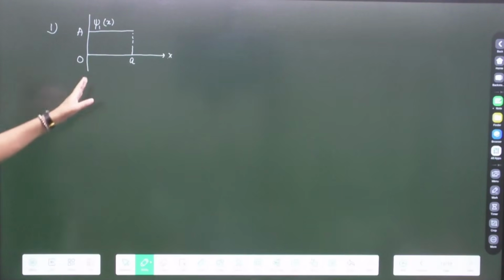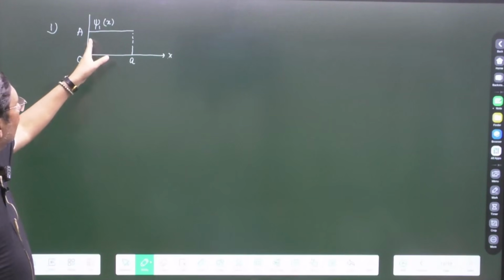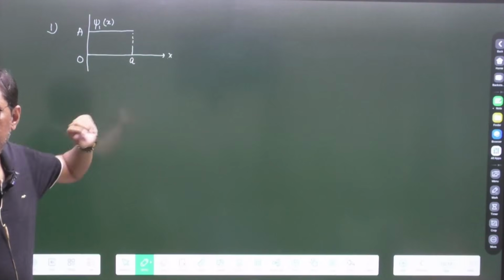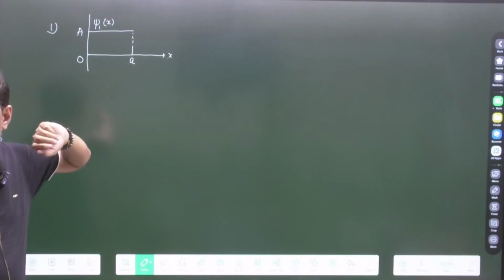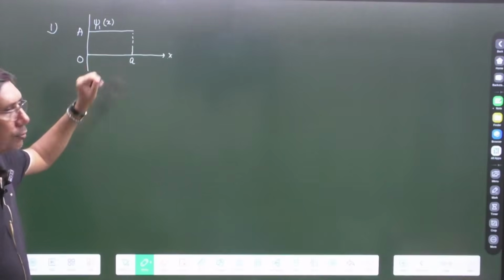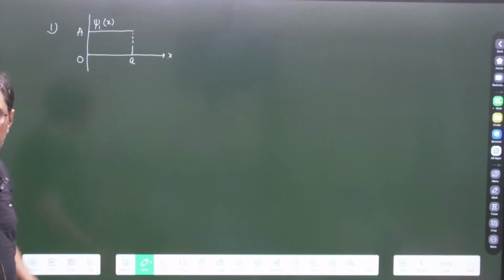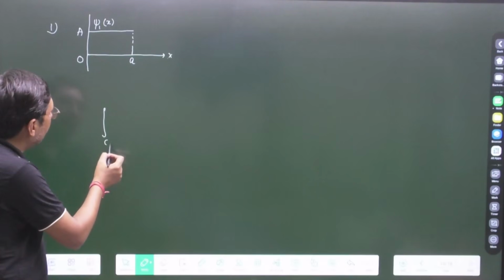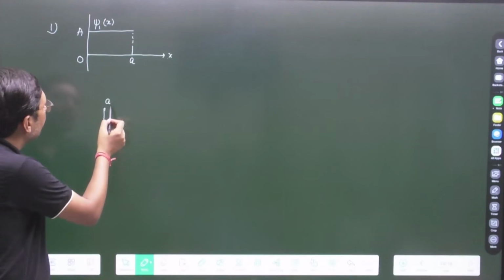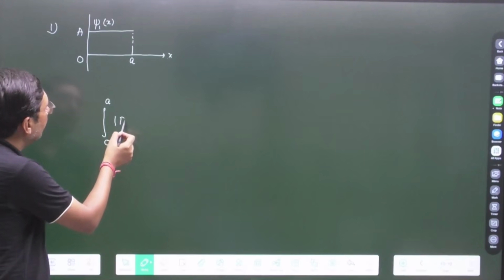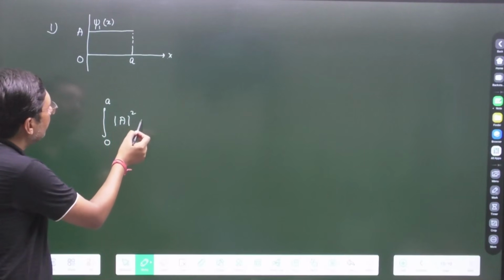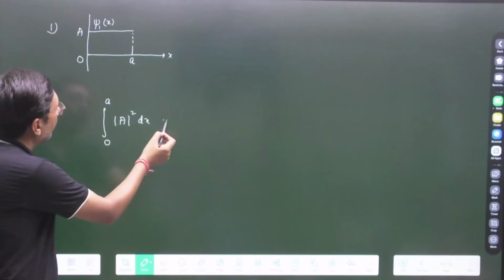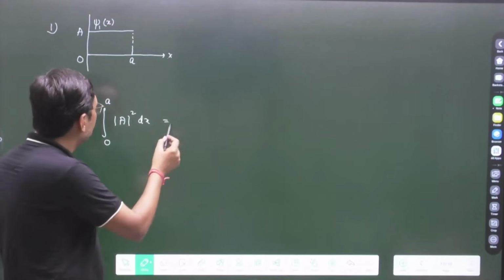ठीक है, it is continuous, discontinuity तो कहीं है नहीं इसमें. Third is also, and this is square integrable. ठीक है, square integrable आप करो इसे integrate 0 to A. This will be A square into dx. So how much you are going to get? This will be A square.